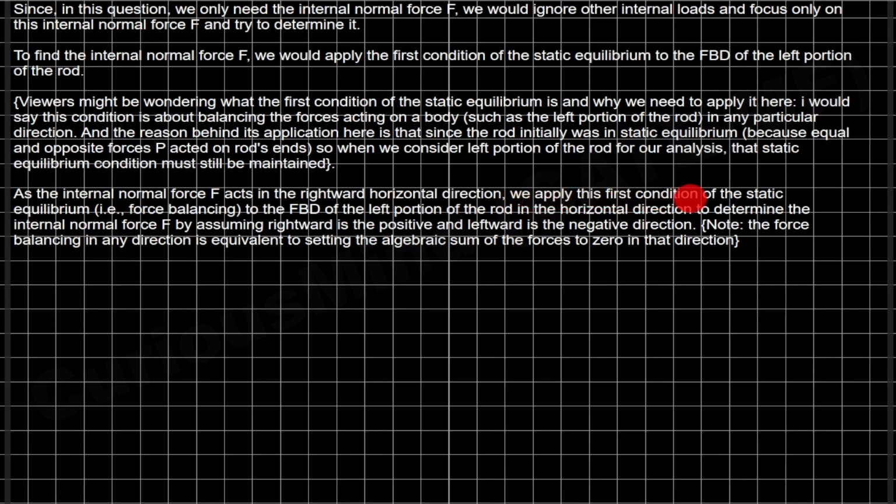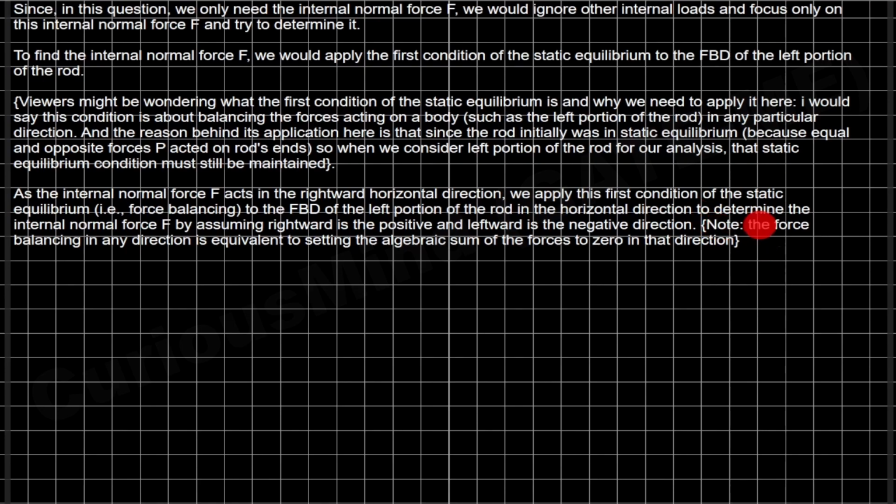We apply this first condition of static equilibrium, that is force balancing, to the FBD of the left portion of the rod in the horizontal direction to determine the internal normal force F by assuming rightward is the positive and leftward is the negative direction.